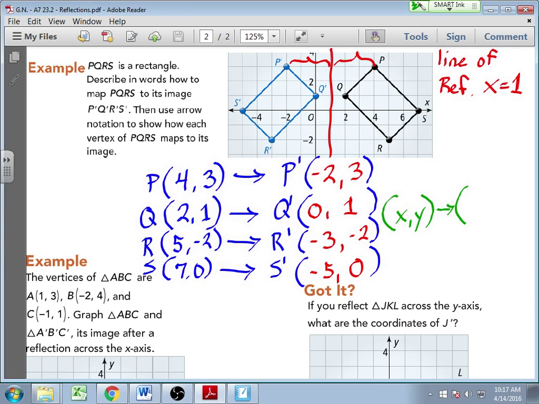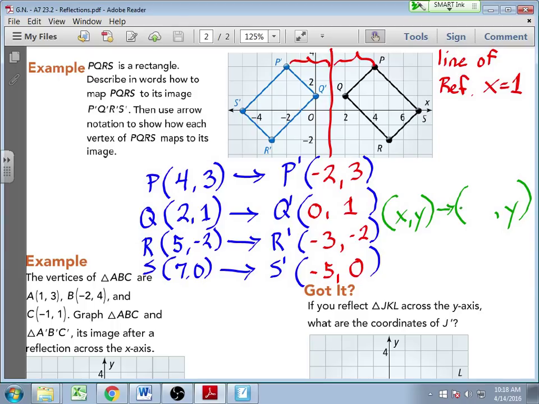So my y's are staying the same, right? So I could go ahead and say it's going to be y. X minus 2 or x plus 2? You're very close. You're even closer now. Think about the fact that reflections involve opposite values. Plus 1. Oh. Check if it works in every x situation.